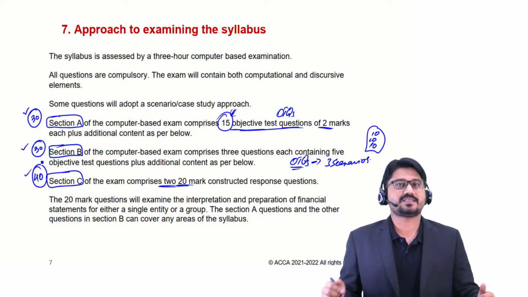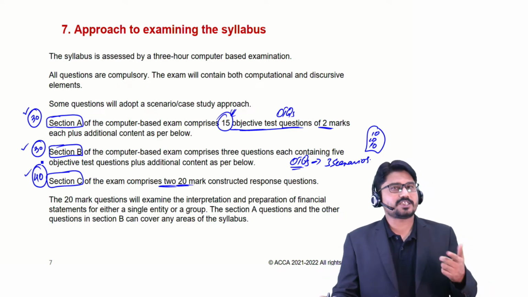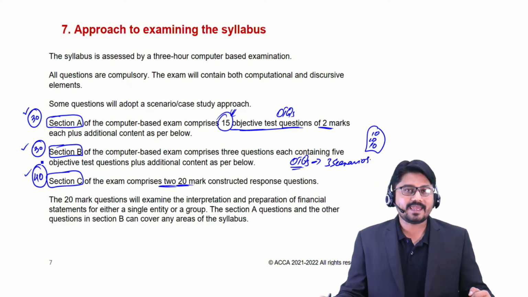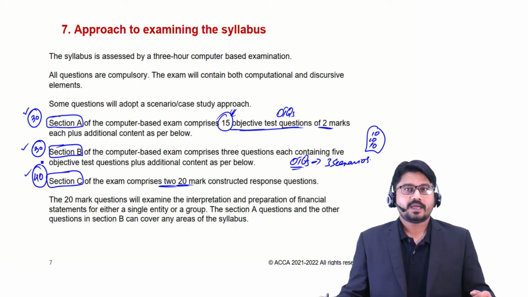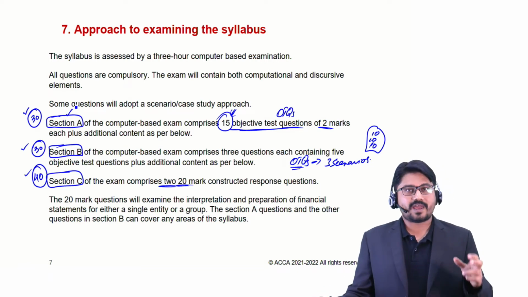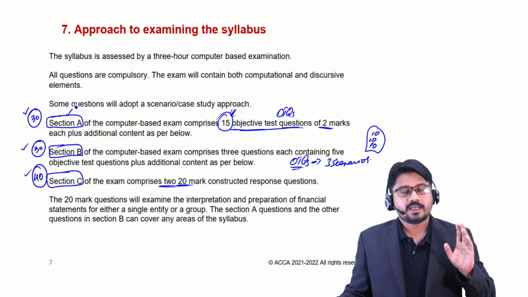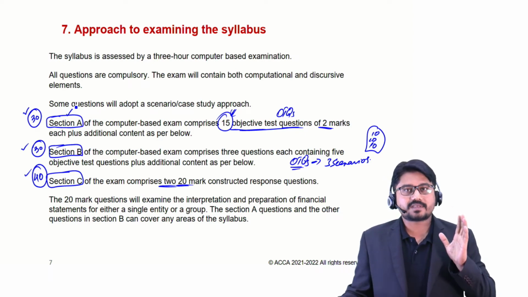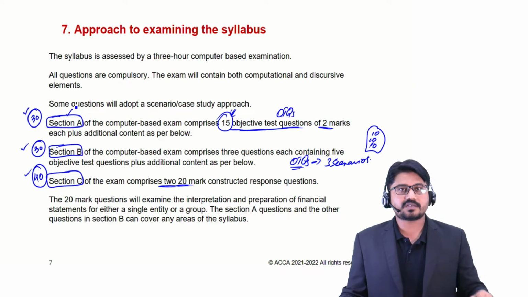We cannot specify any area for any section of the paper. I cannot say that Section A will comprise of accounting standard 1, 2 or 3. It's not like that. Any area of the syllabus can be tested in Section A for 15 questions.